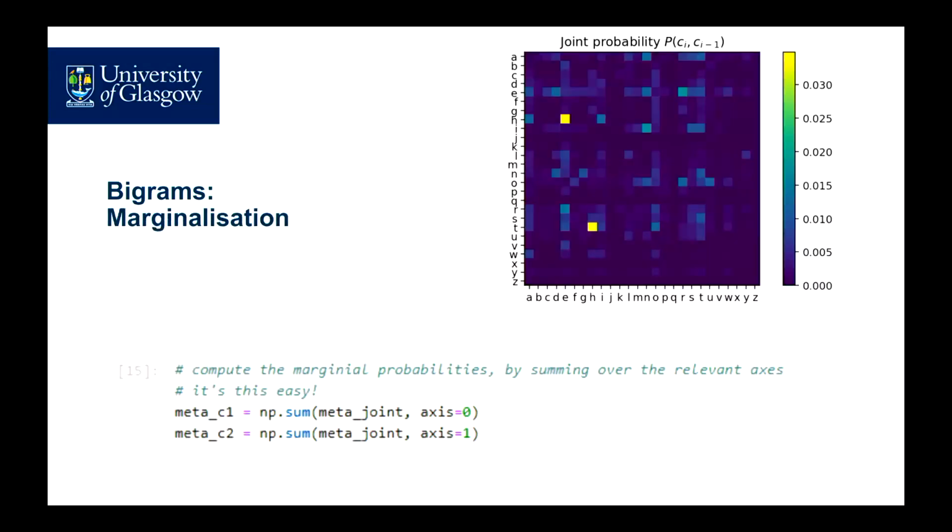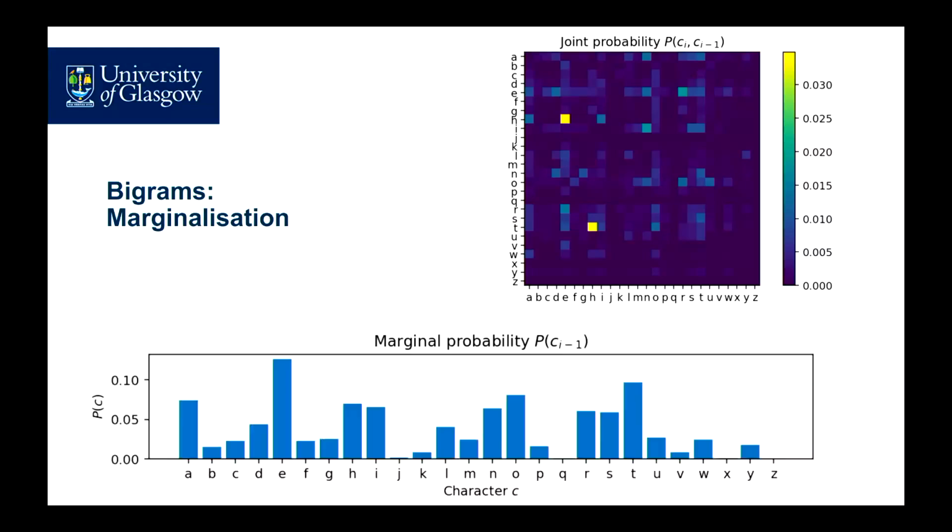And from this, we can simply do the marginalization as we said before. It's a really straightforward thing. You just need to calculate the sum of this joint distribution, and depending on whether you want to marginalize for Ci or Ci minus 1, you do this sum over one axis, over rows or over columns. In any case, it's extremely simple to do.